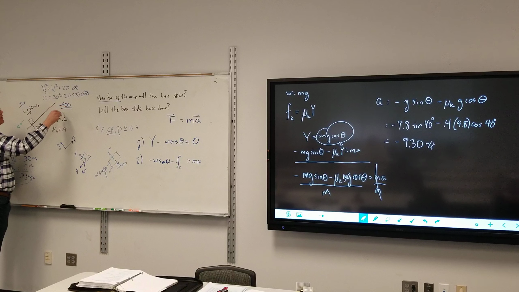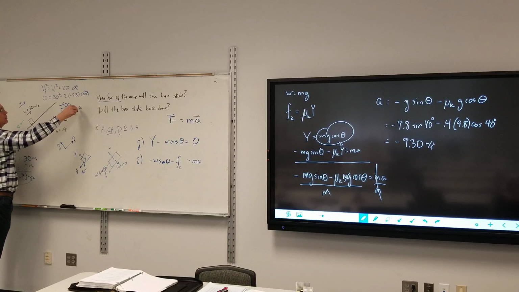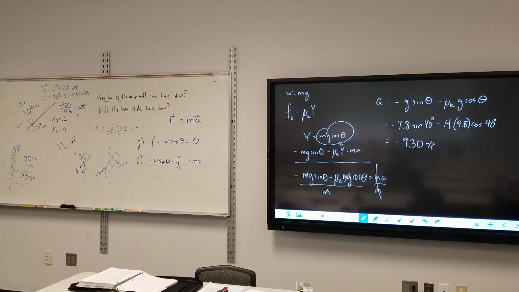Negative 900 divided by negative 18.6. Just shy of 5 meters, 4.9 meters.